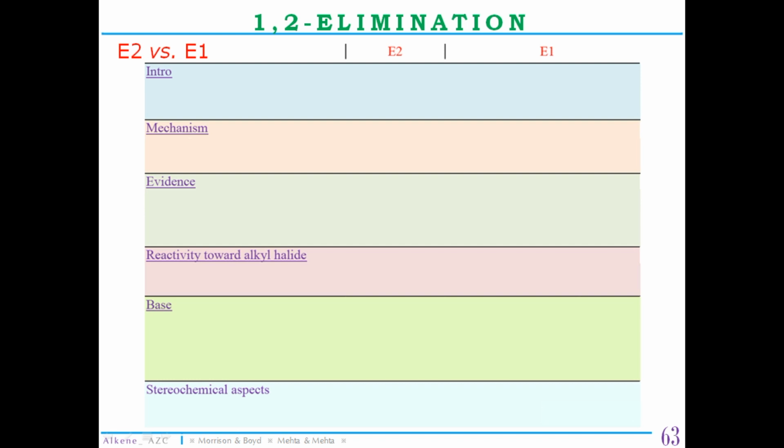Difference between E2 and E1 mechanisms. We have seen the subtopics of both mechanisms, and from this we have the differences between E2 and E1. First, molecularity: E2 is bimolecular and E1 is unimolecular. Order of reaction: E2 follows second order kinetics, E1 follows first order kinetics.